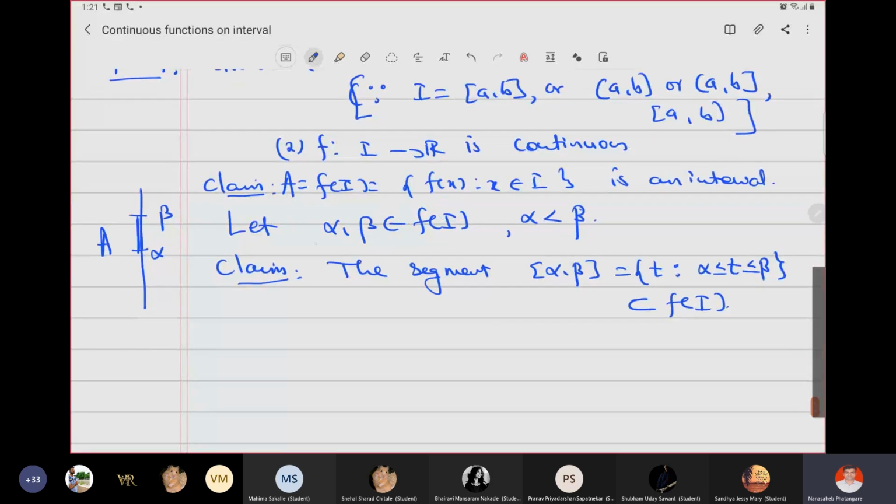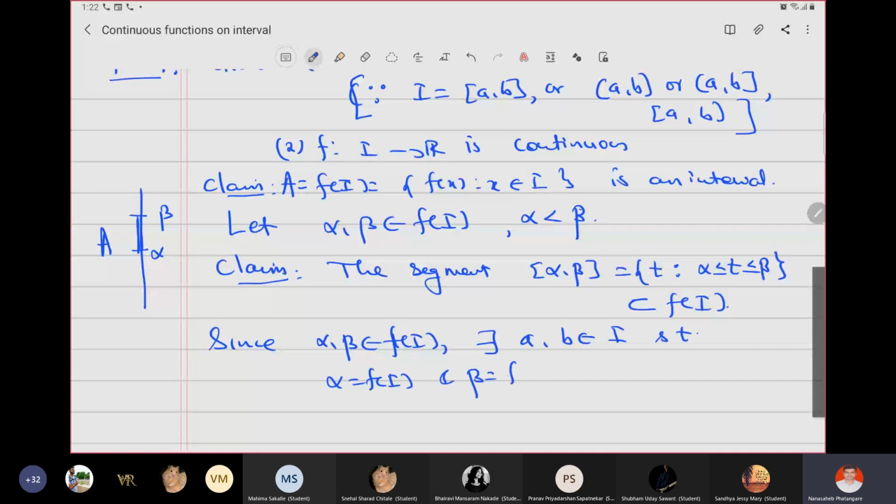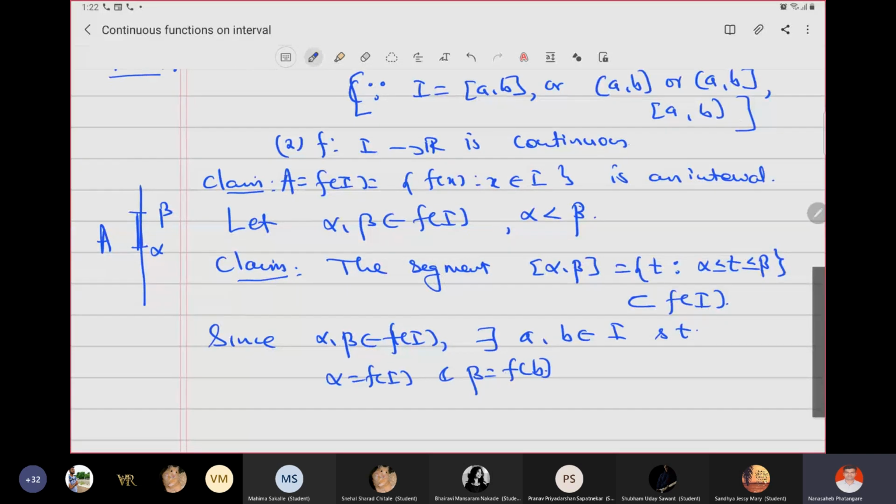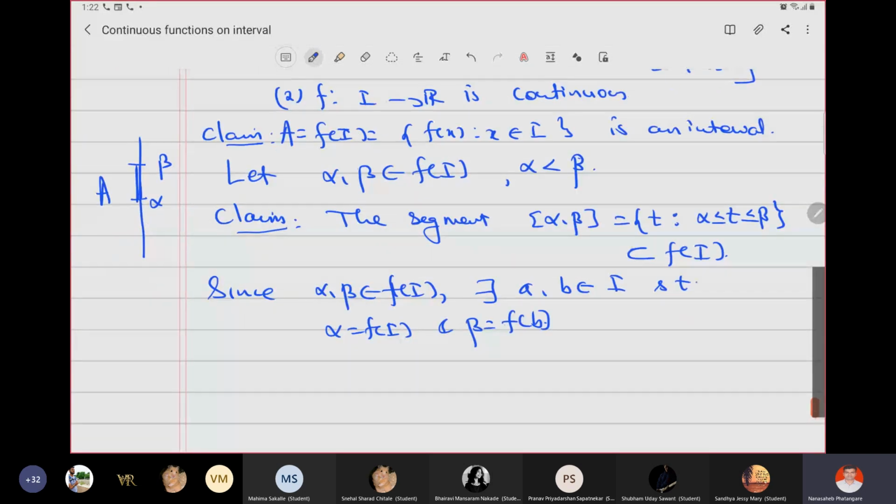Okay, so I have selected alpha and beta in f of I. Since alpha and beta are in the range, they correspond to some elements. So there exist a and b in I such that alpha is equal to f of a and beta is equal to f of b. Correct? Because alpha and beta are in the range, which means they are images of some elements.